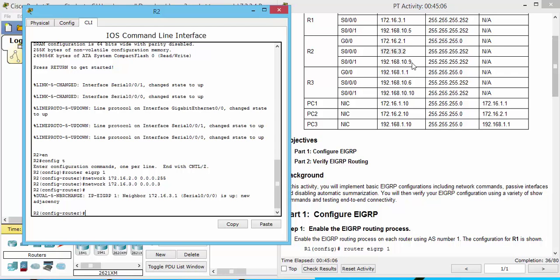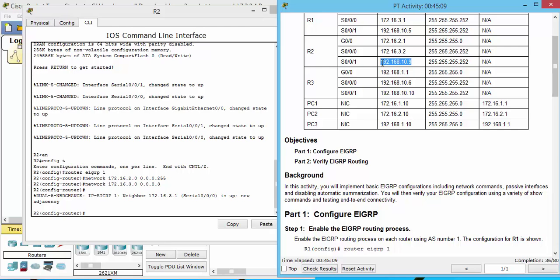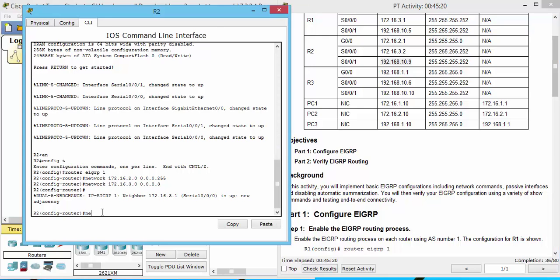And now this is the third one, 192.168.10.9. That is the interface address, so the network address is going to be 192.168.10.8, with wildcard 0.0.0.3.